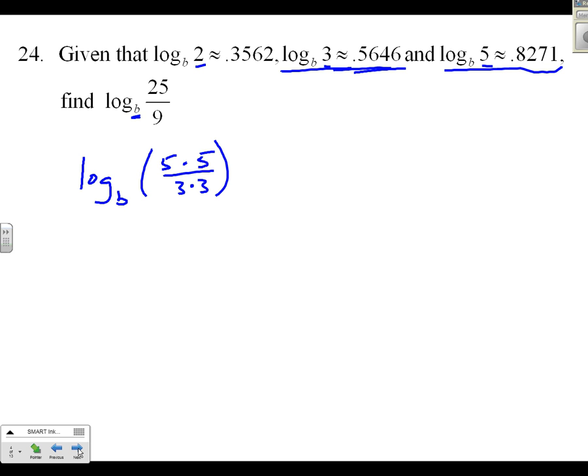So the factors in the numerators basically become sums. The factors in the denominators become differences. We talked about sums on the previous problem, but here's a rule. Might as well just give you this rule. If we have log of a quotient, say a over b, we can write that as log a minus log b.